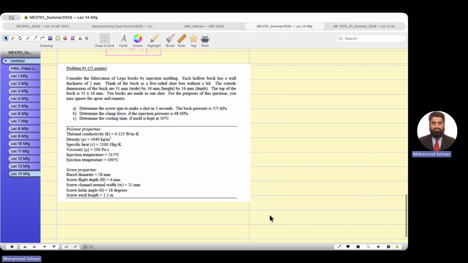When you were children, you played Legos, right? Me did that too. I built some machines from Legos. So consider fabrication of Lego bricks by injection molding. Each hollow brick has a wall thickness.